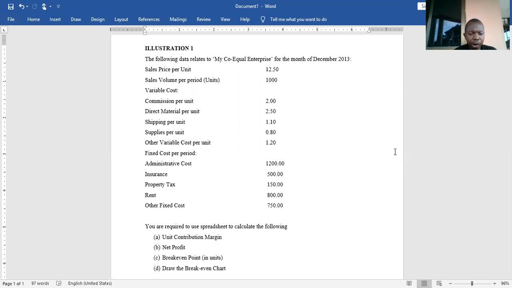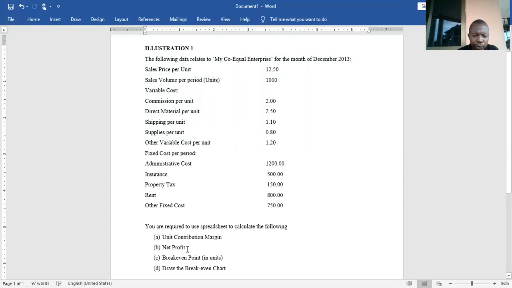The variable cost components include commission per unit, direct material per unit, shipping per unit, supplies per unit, other variable costs per unit with their corresponding values. Then we have their fixed cost per period comprising admin cost of 1,002, insurance of 500. Then we have property tax of 150. We have rent of 800, and we have the other fixed cost of 750.